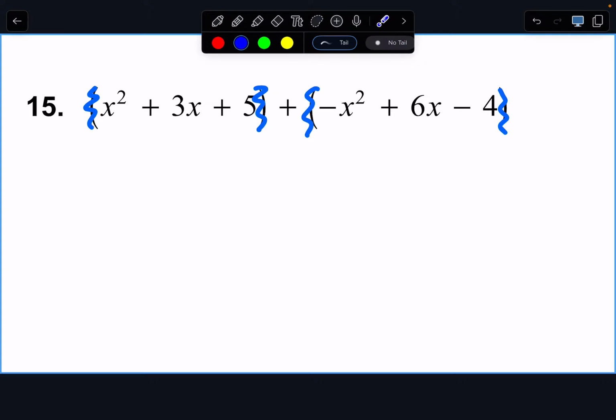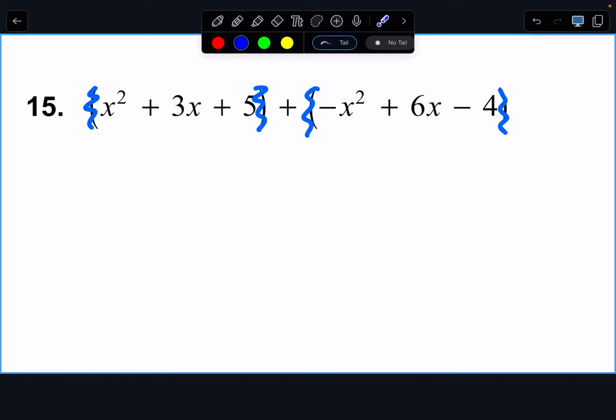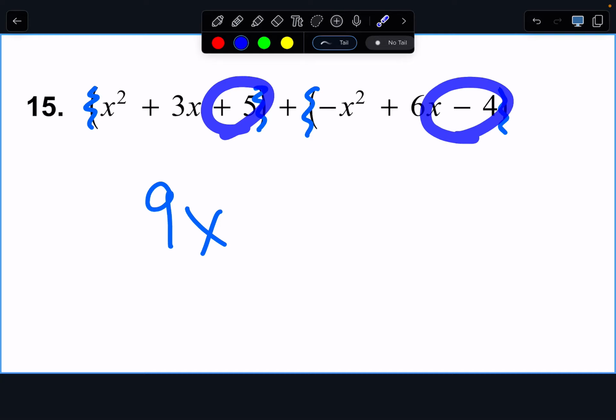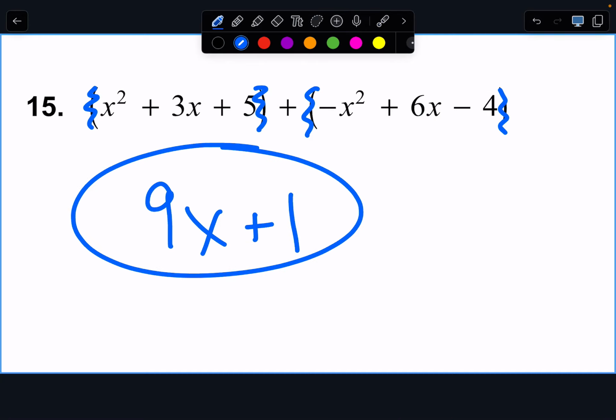What happens when I combine my x squareds together? Ooh, nice. What about our x's? And then our constants. So I write 9x plus 1. Right, so your answer should be written in order.